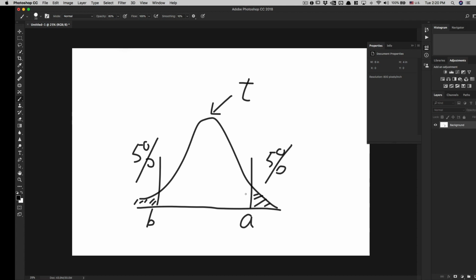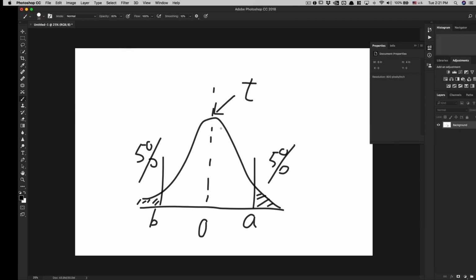Because this distribution is symmetric around 0, it suffices to find just one of them. By definition, A is the lower 95% quantile of this distribution. In other words, 95% of the data would be smaller than A.